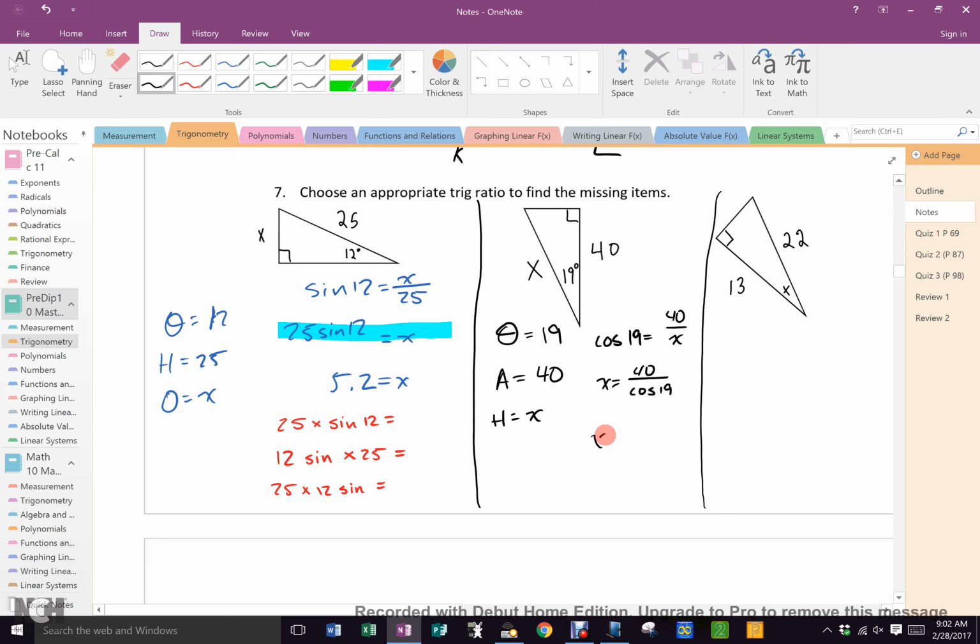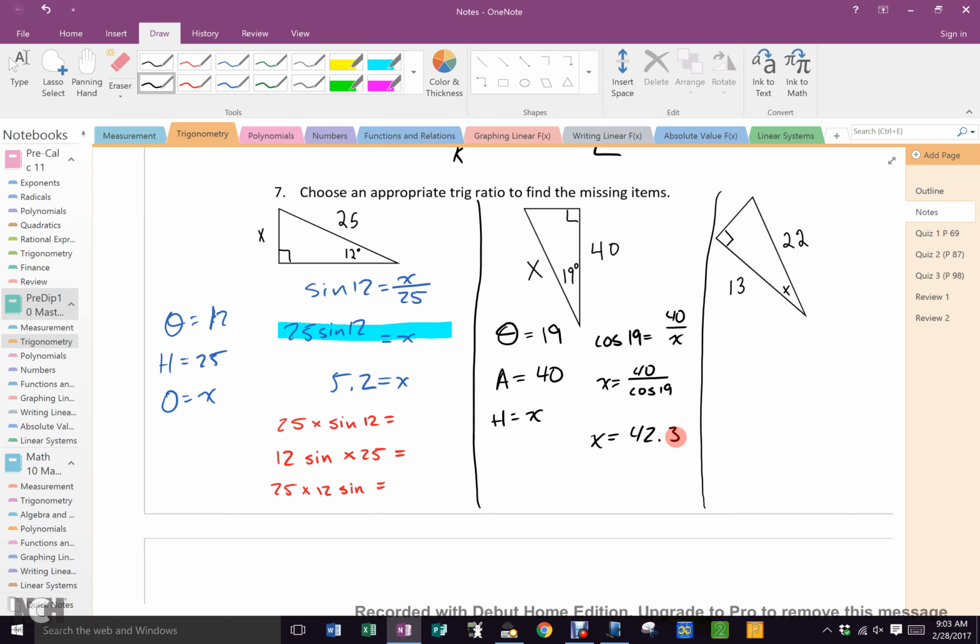So your answer here is going to be 40 divided by cos 19, which is 42.3. Does that make sense? Yes, because you were finding the hypotenuse, and the hypotenuse must be the longest side, therefore it has to be longer than 40. And since this angle is small, this can't be too much bigger than 40. Good?